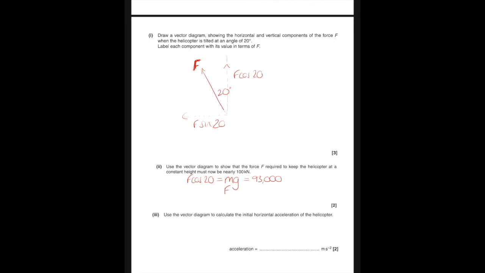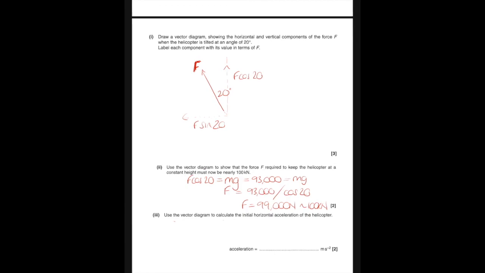So to find F, it's simply 93,000 divided by cos 20, because mg was that 93,000. And when you work that out, F comes out at 99,000 newtons, so nearly 100 kilonewtons.